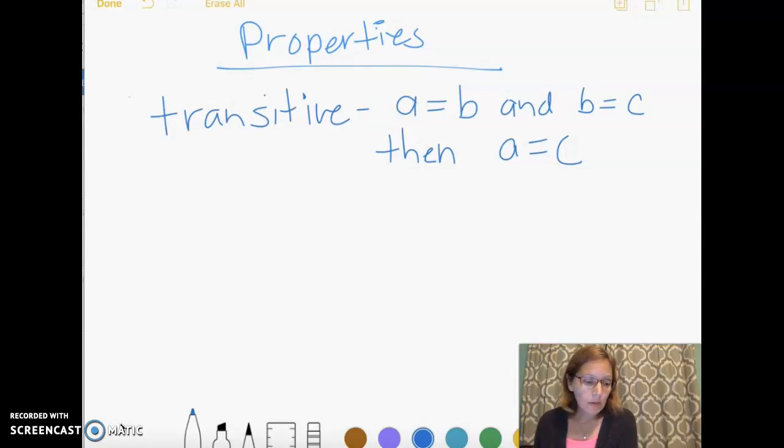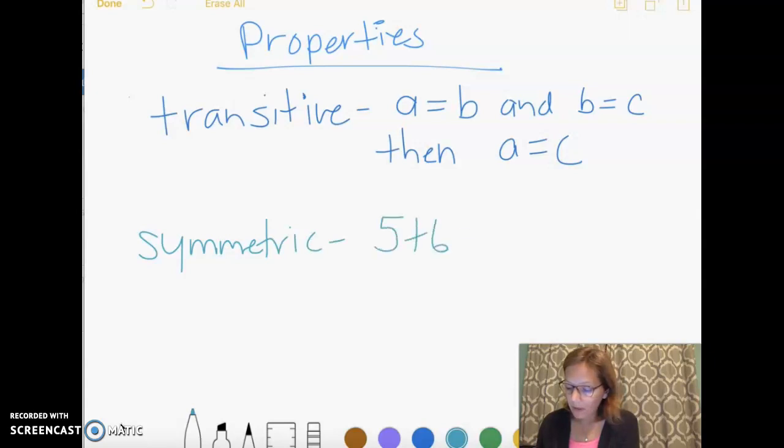All right, so the last one. You guys have done amazing. The last one is called symmetric property. And the symmetric property says if I have 5 plus 6 equals 11, that is the same as 11 equals 5 plus 6.